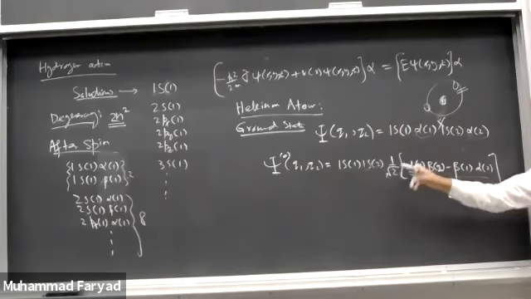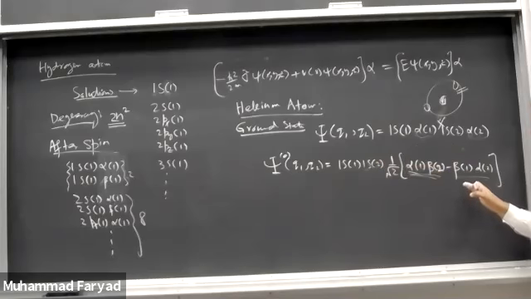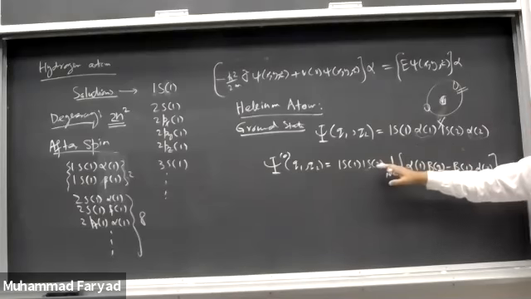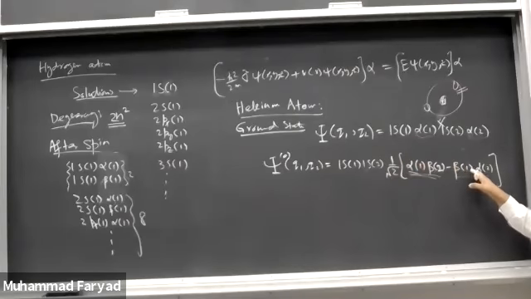So when we do measurement, it collapses to one of the states. So let's say if it collapses to the product of this and this, then the spin of the first electron is minus half. The spin of the second electron would definitely be plus half. So this is a legitimate wave function, ground state wave function.